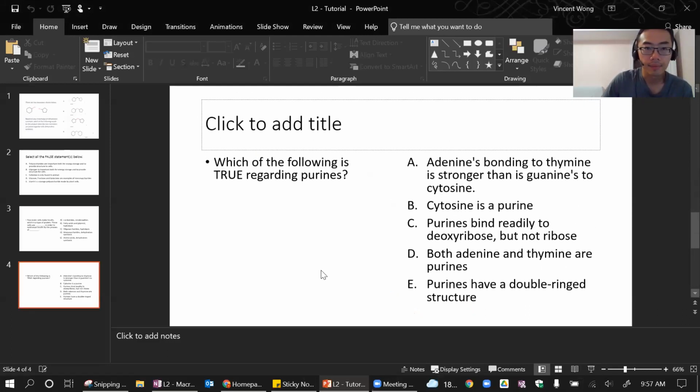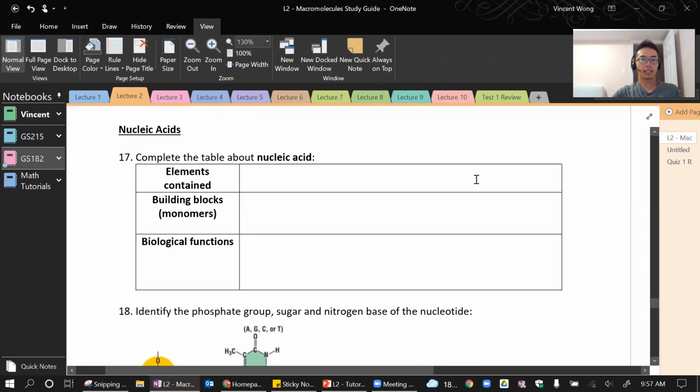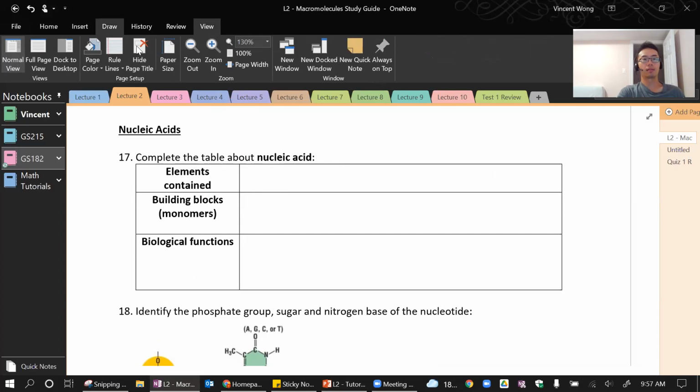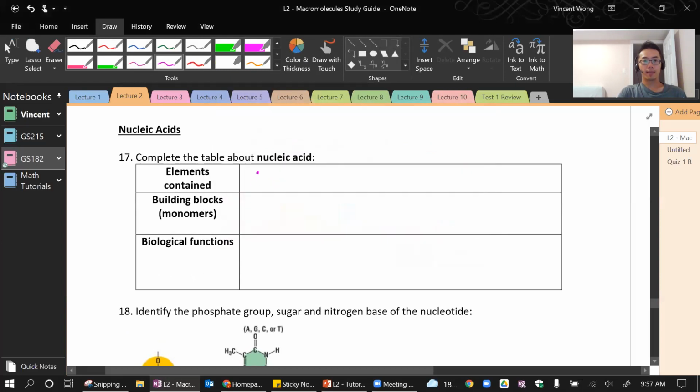Okay, let's see. Last part here now. Nucleic acids. Complete the table about nucleic acids. So what is a nucleic acid made up of? Well, we have carbon, hydrogen, nitrogen, oxygen, as well as phosphorus. The building block of nucleic acid is called nucleotides.